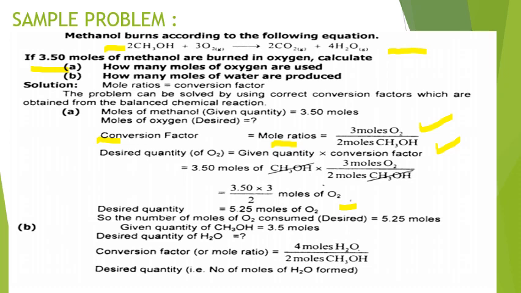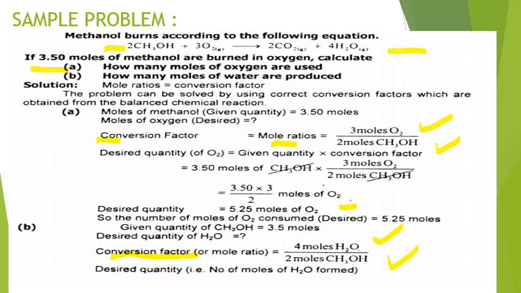So the conversion factor will be 4 moles of water written as numerator from the equation and 2 moles of methanol written as denominator, to give you the mole ratio. Means 4 upon 2 is the conversion factor for the water to be produced from the given quantity.